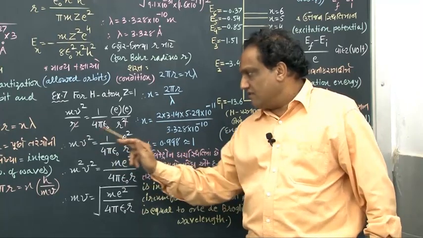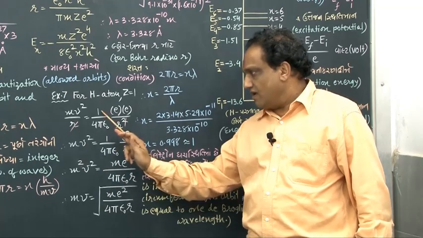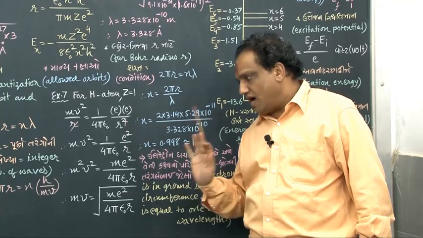Simplify now. r1 is r. So on the left side is mv square, and on the right side, 1 upon 4 pi epsilon 0 as it is, e into e, that is e square upon r.